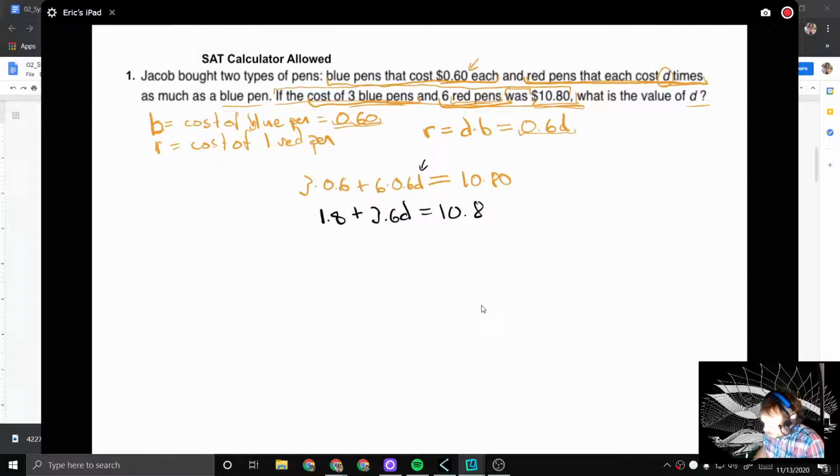Subtract 1.8 from both sides, 3.6D equals 9. And divide by 3.6 to get 9 over 3.6.